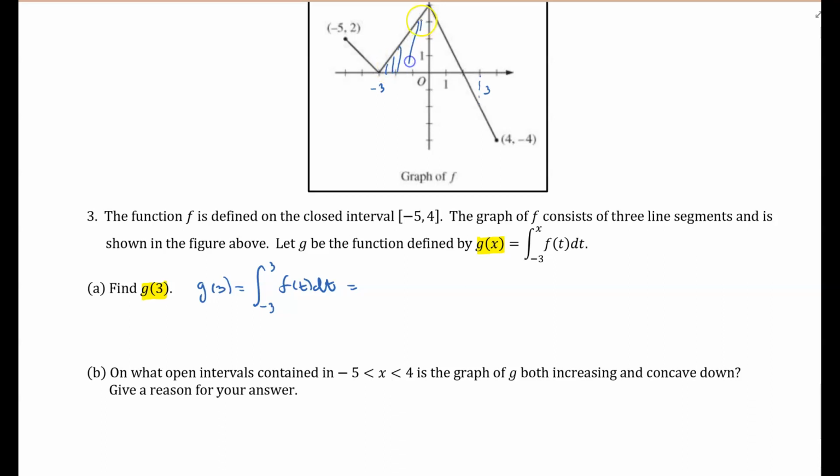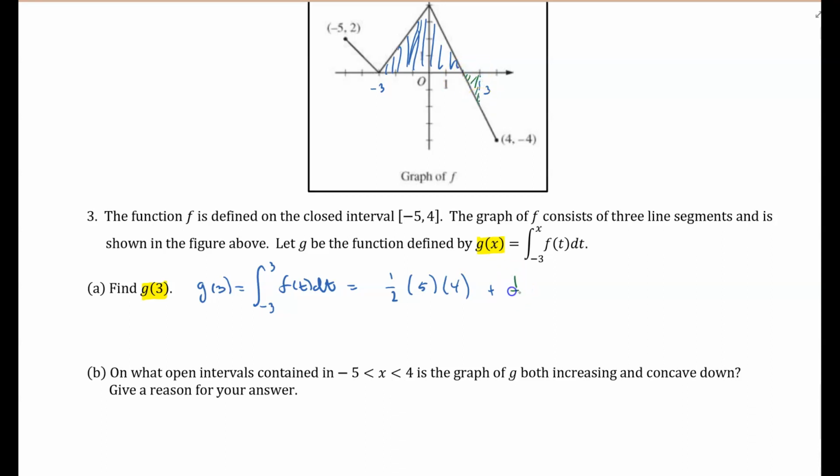So that's going to be this triangle. That's simple. 1/2 times the base, -3 to 2, that's 5, times the height, 1, 2, 3, 4. Okay, found that one. Plus this area, which actually isn't going to be a plus.